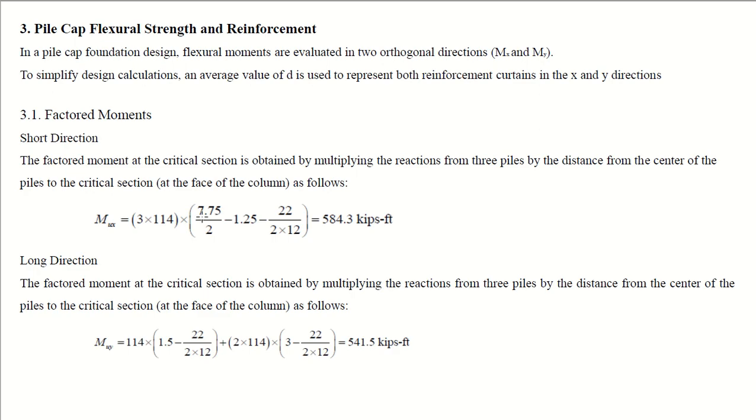Multiply by 7.75 divided by 2 minus 1.25 minus 22 divided by 2 into 12, okay. Now you know that 22 is the size of the column. You have divided it by 2 to come to the center line, okay, and you have divided by 12 to make it in feet. This is 1.25 in feet and this is 7.75 the total.